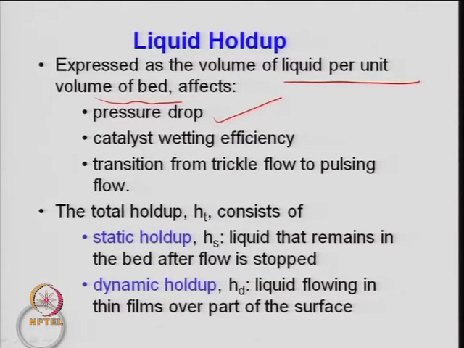This will also affect the wetting efficiency. Wetting efficiency, or wetting of a catalyst, is again a very important parameter used for the design of a catalyst. So, whether you need high wetting. Generally, high wetting means the surface of the solid is completely covered. Low wetting means only part of the surface is covered, which means most of the surface of the catalyst is not being used.